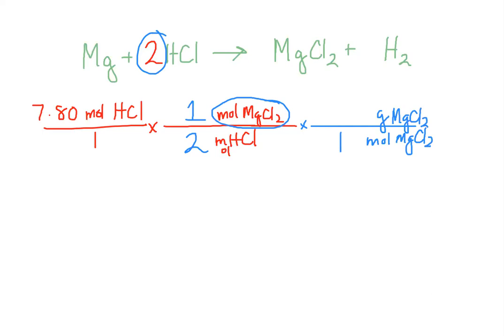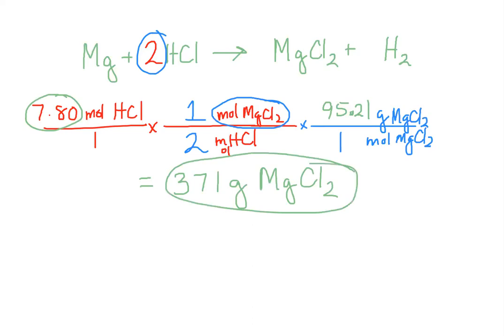Look on your periodic table, 1 magnesium, 2 chlorines, and you should get 95.21 grams per mole. Now, you can do this problem on your calculator. Multiply the top, divide by the bottom, and we need to have 3 sig figs, so you will get 371 grams of magnesium chloride, and that is going to be the answer.